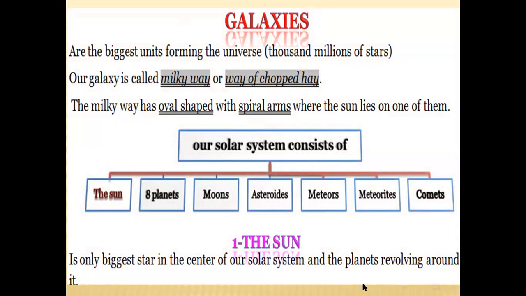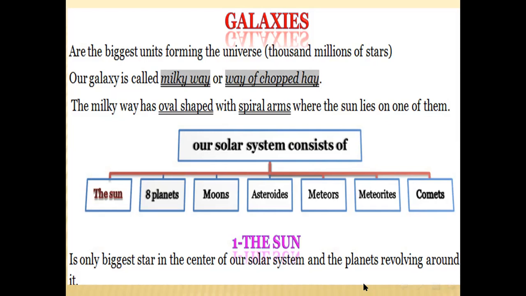What about galaxies? Galaxies are the big units forming the universe. The big universe consists of thousands, millions of stars. This community is called galaxies. Our galaxy, which the solar system belongs to, is called Milky Way, or the way of chopped hay.